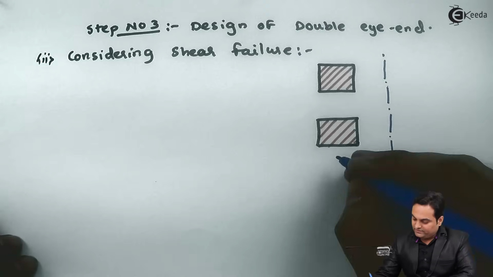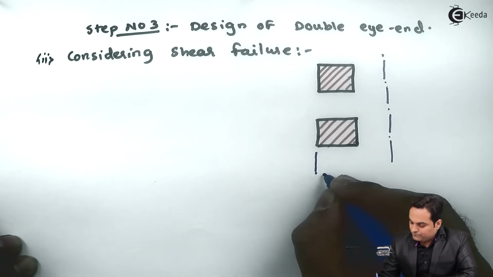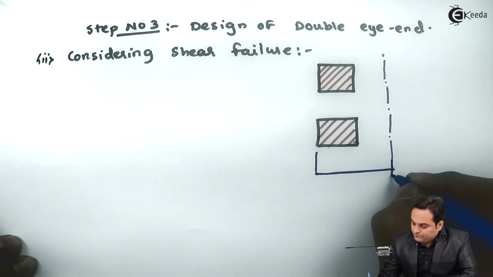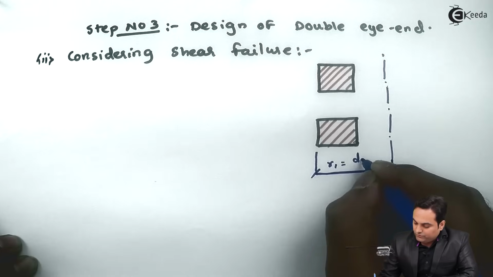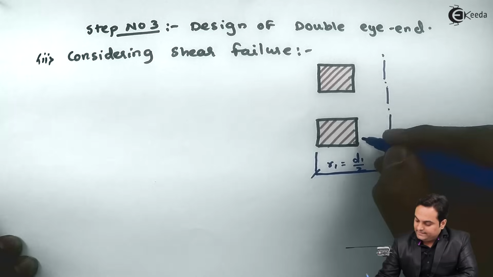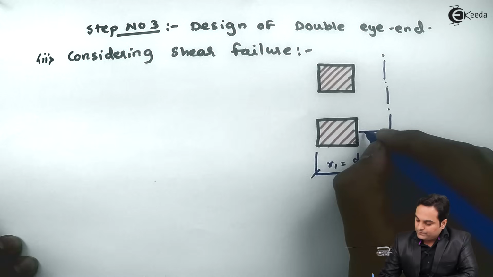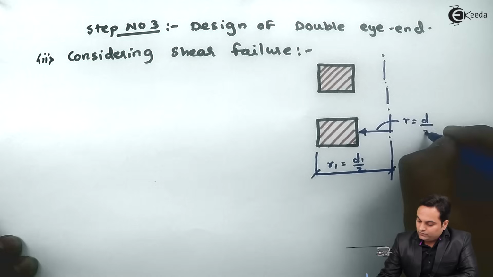So here I'll mark the dimensions. This is the outer radius, which is R1, that is equal to D1 by 2. Next, this is the inner radius, which is R is equal to D by 2.